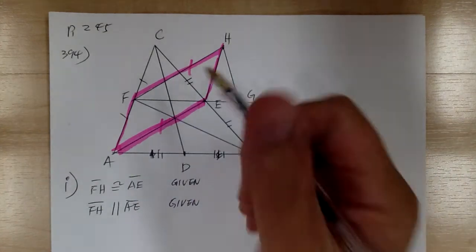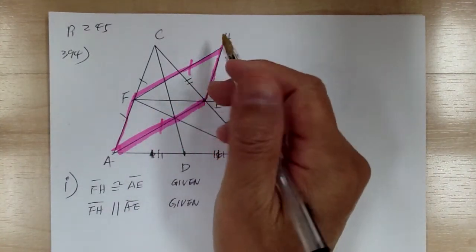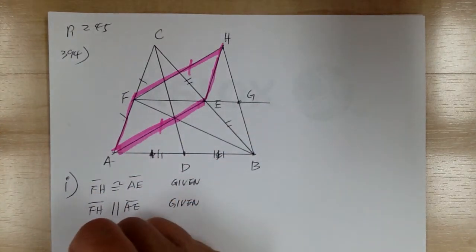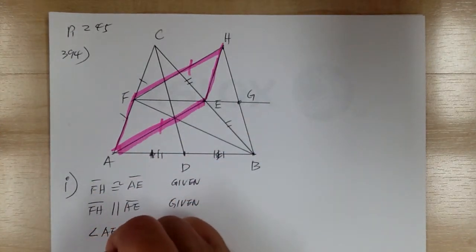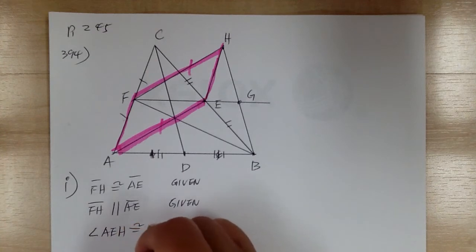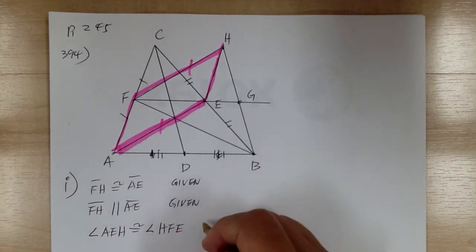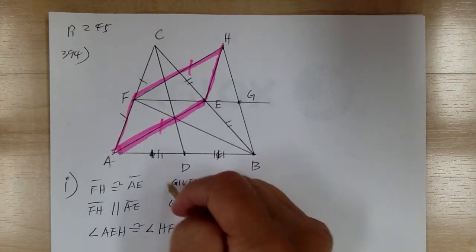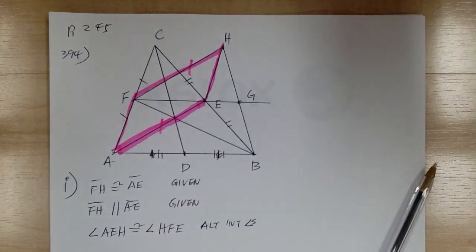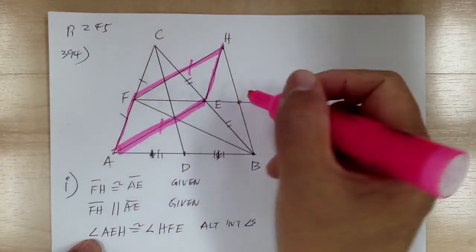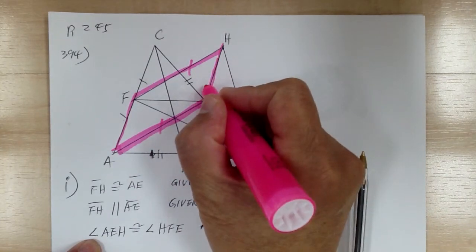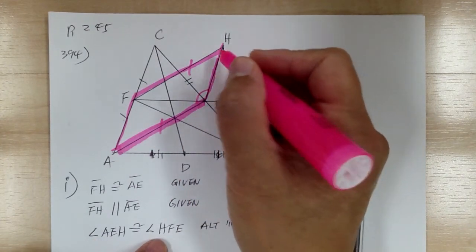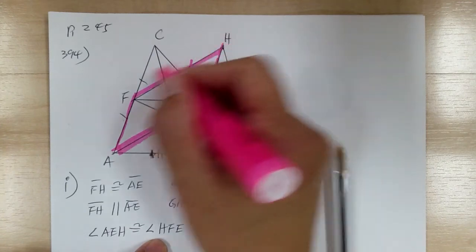Okay, and so what we need to do is prove the other sides parallel. So we have angle AEF is congruent to angle HFE, and these are alternate interior angles.